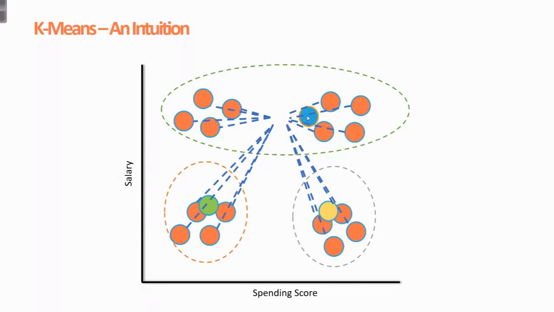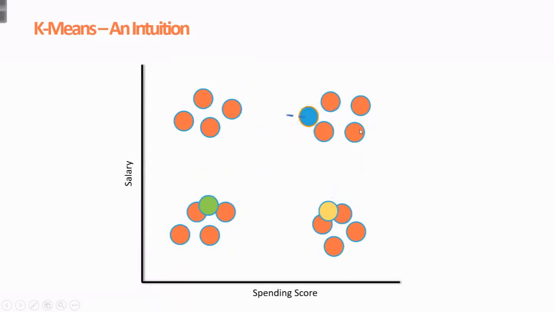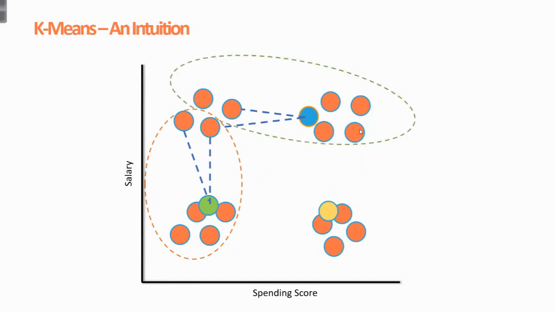Now, once that is done, I will recalculate the distance of the new centroid with all the data points. And during this process, there are chances that some of the points will shift from one centroid to another centroid.